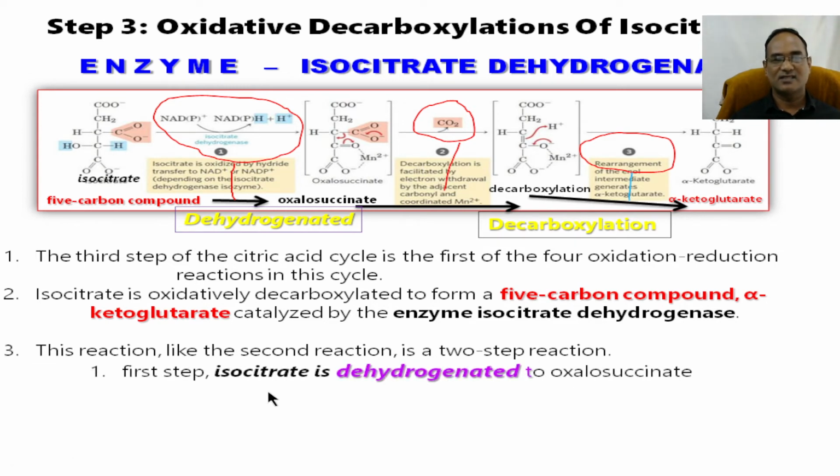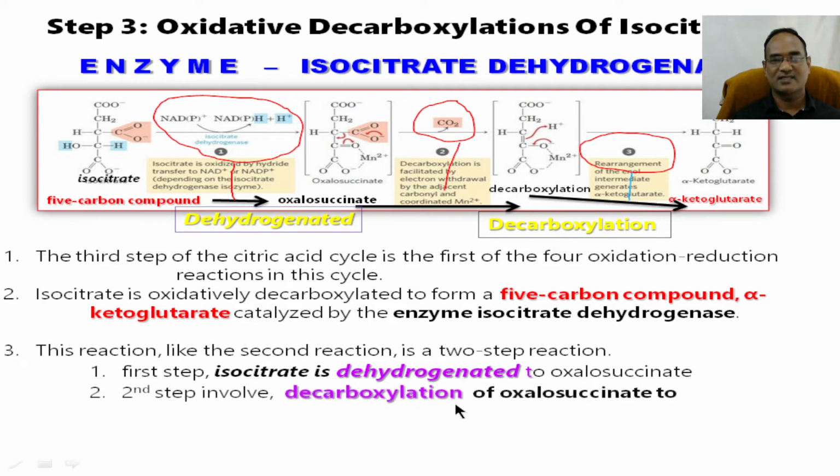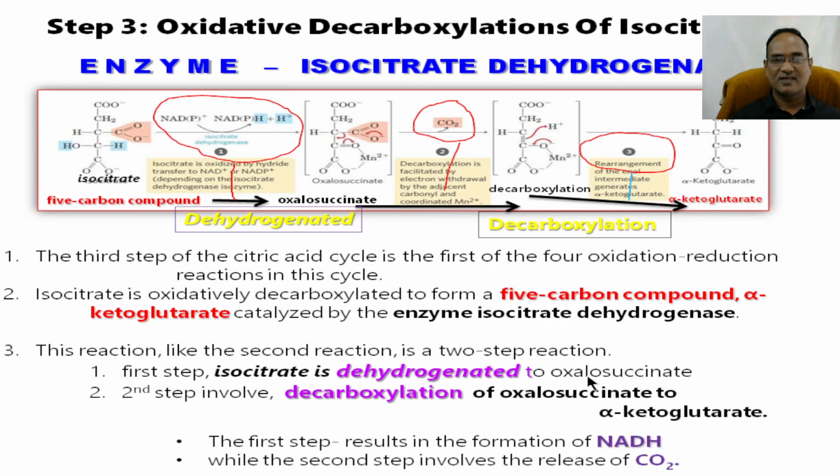First, isocitrate is dehydrogenated to oxalosuccinate, and the second step is decarboxylation of oxalosuccinate. The first step results in formation of NADH, and the second step involves carbon dioxide removal. So this is about the third stage.